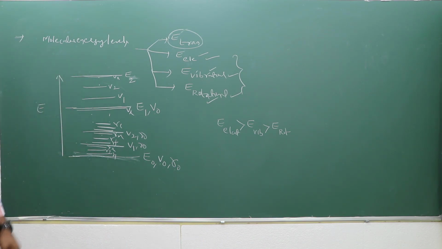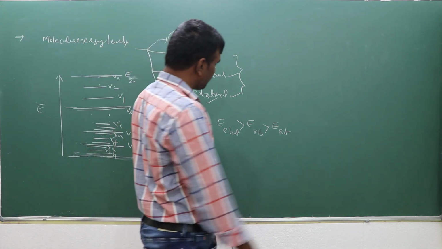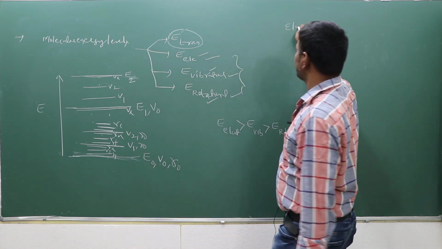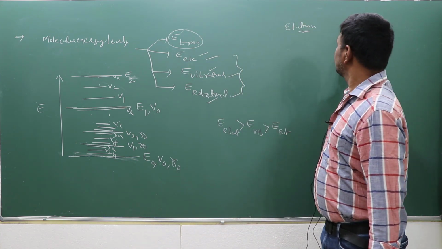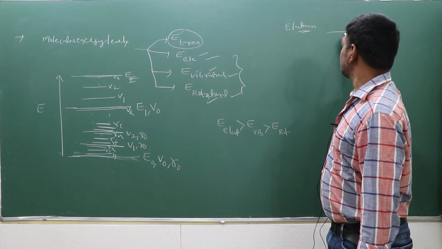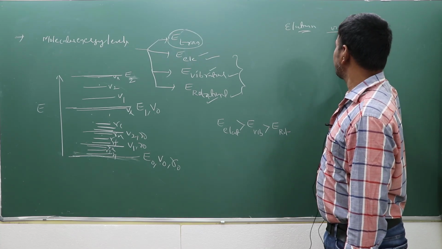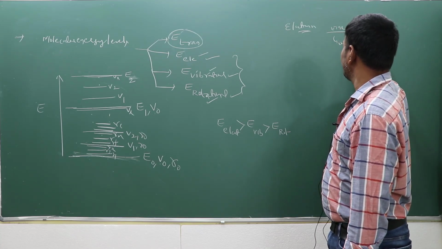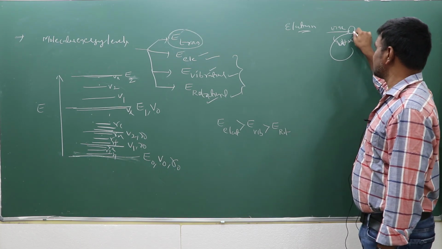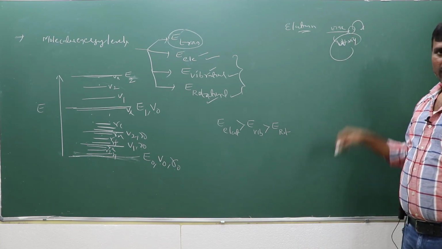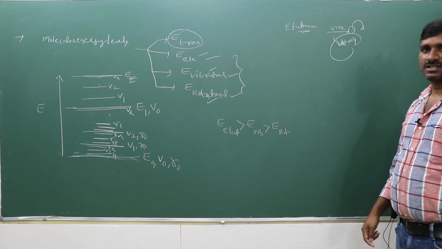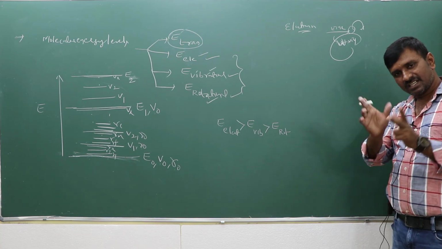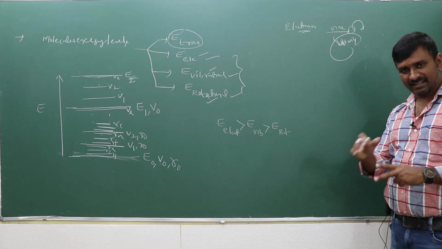Now, in electronic spectroscopy, that means the UV visible range of radiation, the sample absorbs in the electromagnetic range of radiation, particularly the UV visible range. And what will happen after absorption of the UV visible radiation? The electronic energy levels will be rearranged.